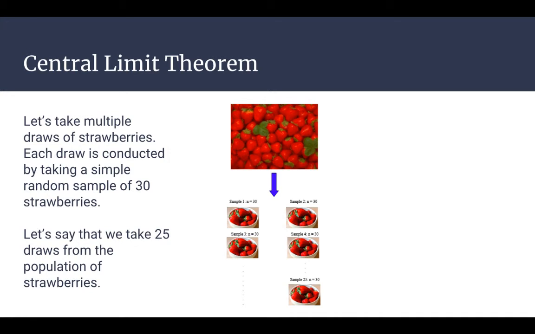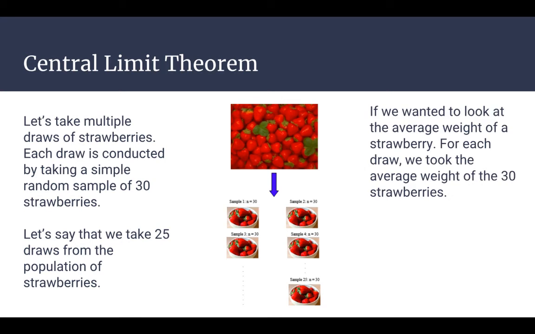Let's just say that we only have data on the first 25 draws. If we wanted to look at the average weight of a strawberry, for each draw, we took the average weight of 30 strawberries. So in sample 1, I'm taking the average weight of the 30 strawberries. Sample 2, I'm taking the average weight of the 30 strawberries, so on and so forth.